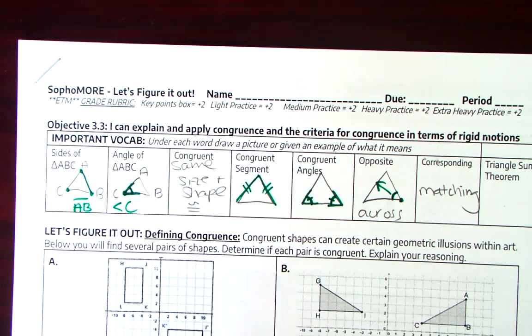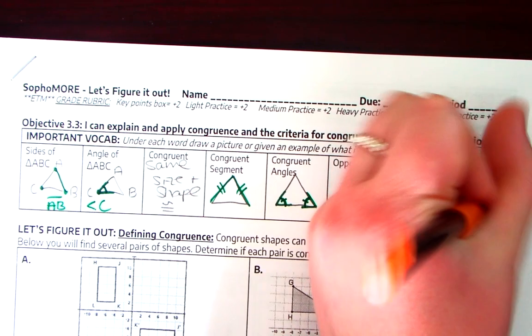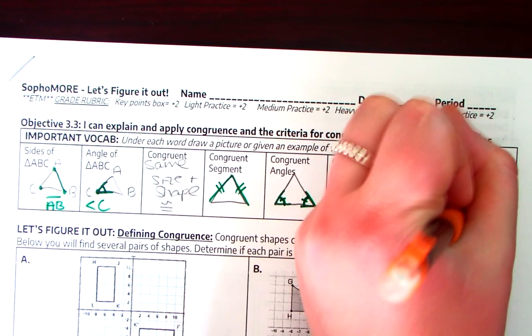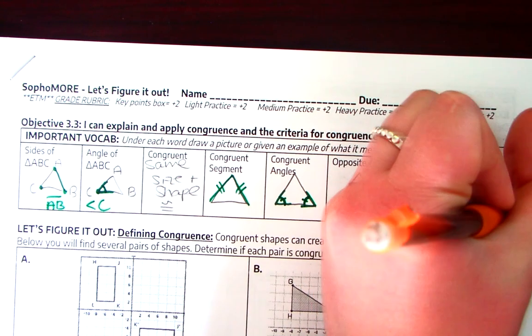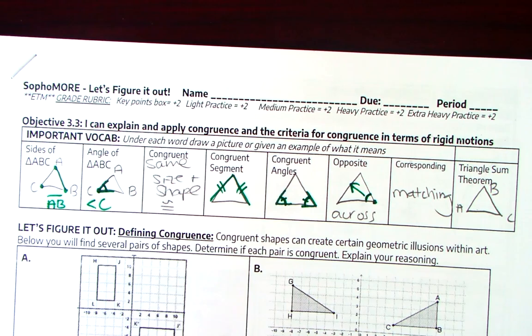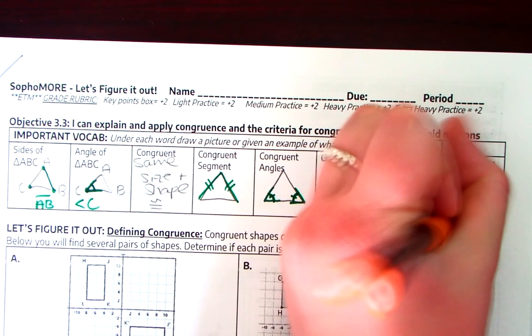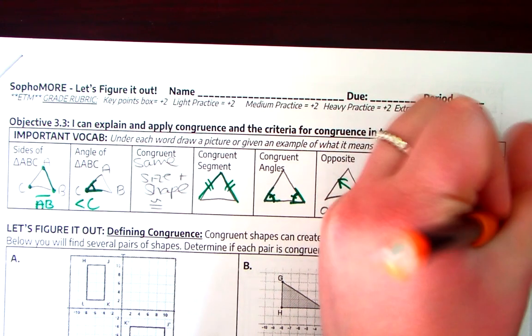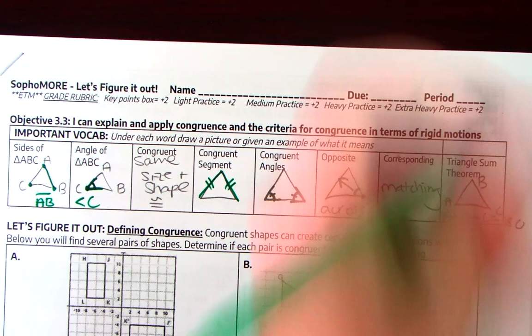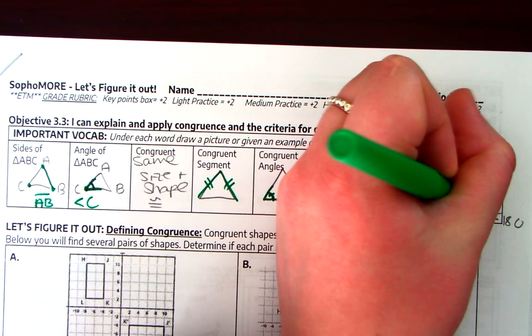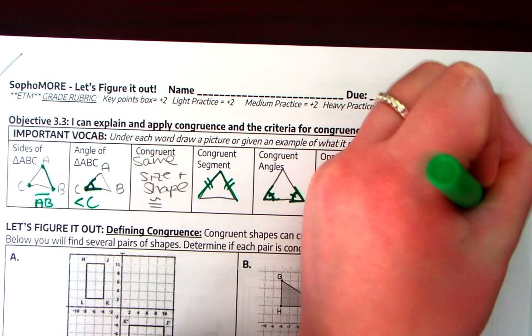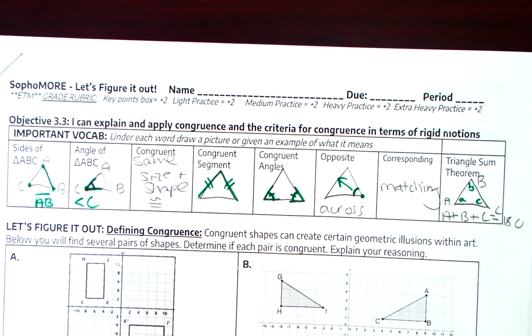We'll use that a lot today. And then the triangle sum theorem. If I have my triangle with angles A, B, and C, then A plus B plus C has to equal 180. And again, that's the inside angle measures. The angles A, B, and C inside will always add up to 180 in a triangle.